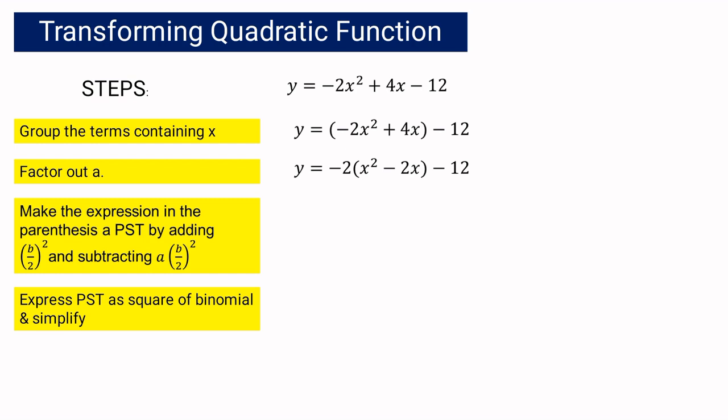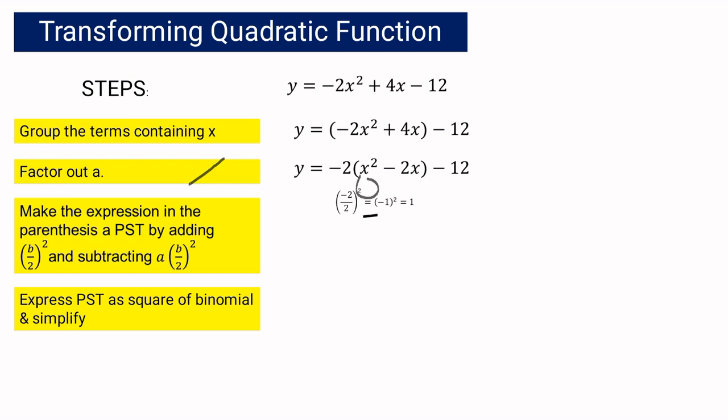Now, we are done with step number 2. Let us proceed with step number 3. We are going to make the expression in the parentheses a perfect square trinomial by adding the square of the half of b. And again, our b is, yes, our b again is negative 2. You are going to get the half and then you are going to square.